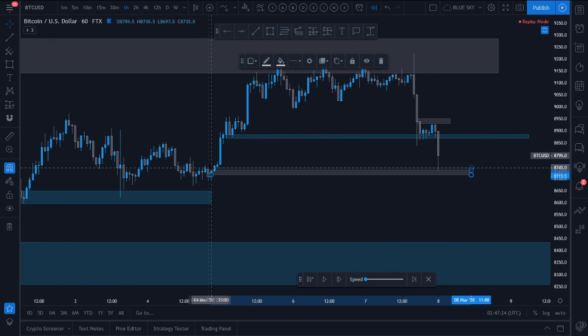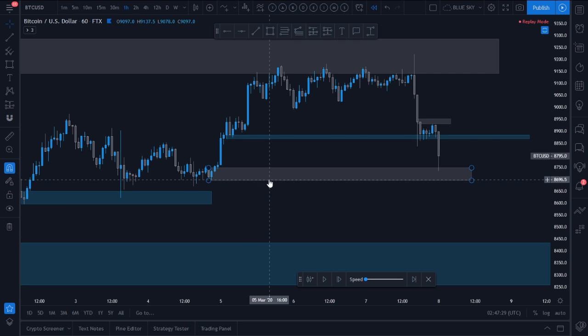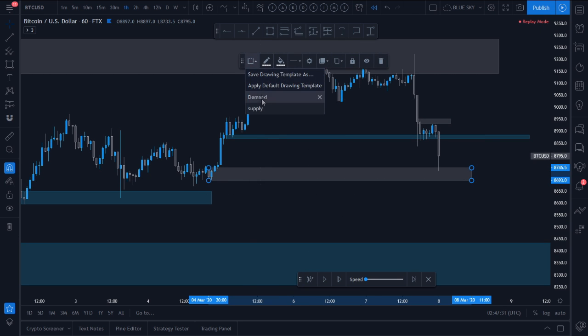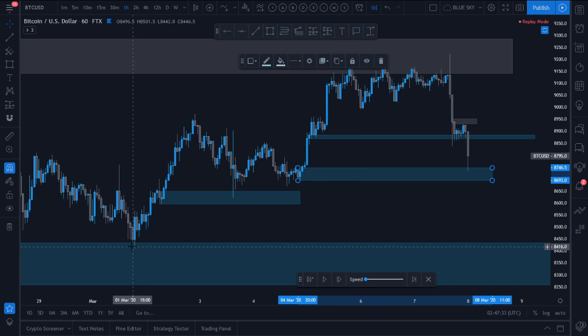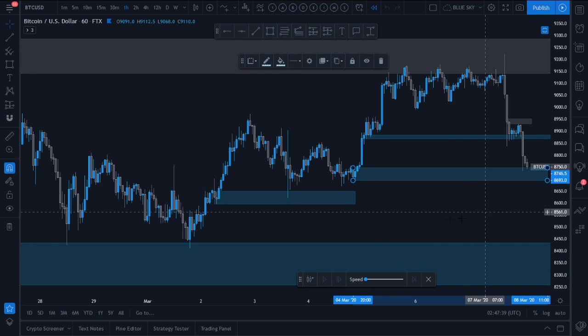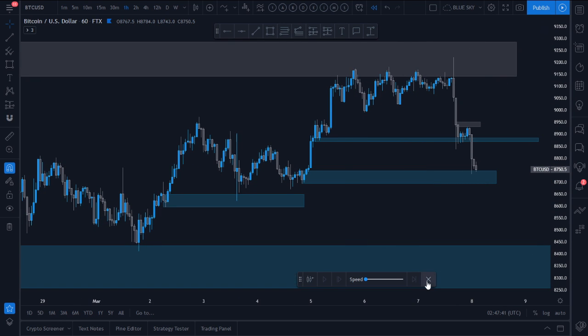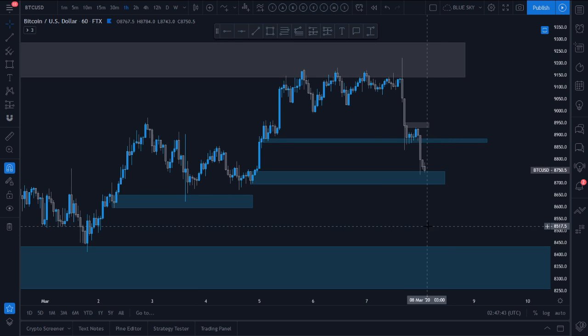This is demand. Forgot to mark this. Demand zone, rally, base, rally, and currently I think we are real time now. Yeah, this is where we're at now, guys.